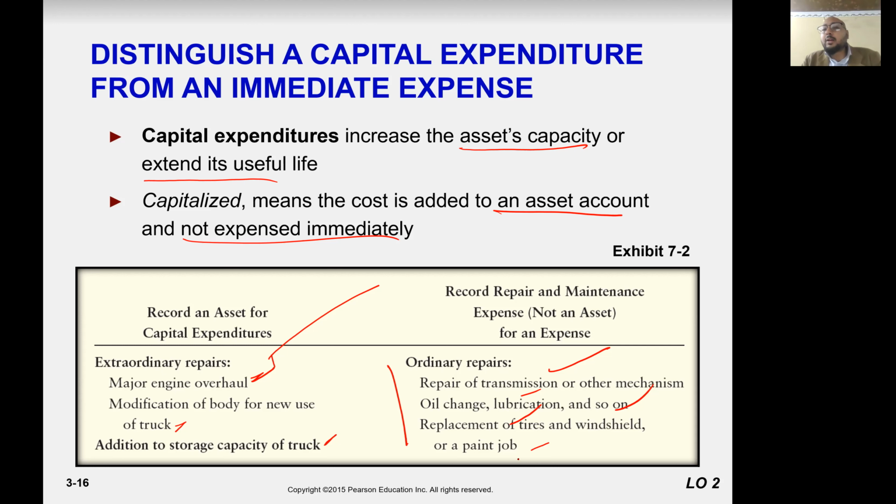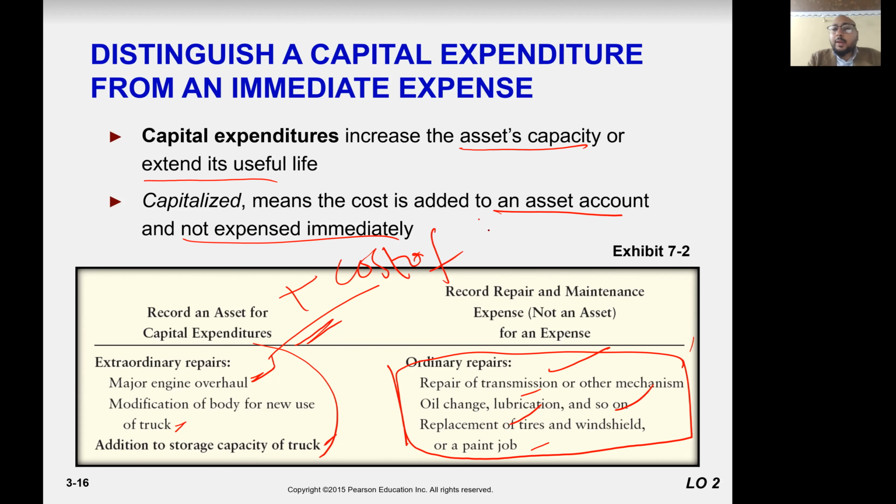All right. These are ordinary expenses, which do not increase the life of our machinery, but the others do increase the life of our machinery. So we call this capital expenditure, and we add them to the cost of equipment, or in this case, the cost of the vehicle.